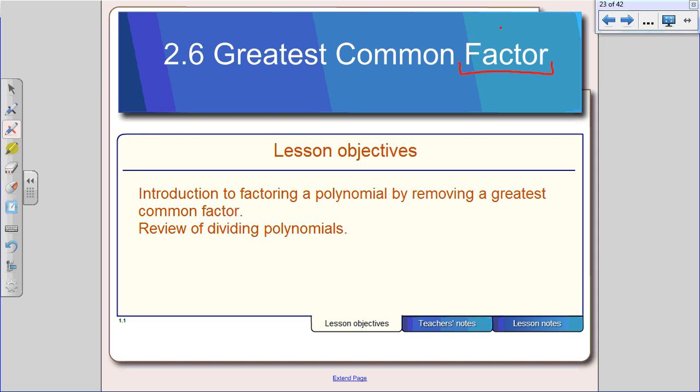So we call it factoring, unmultiplying. That means you should always be finishing with a multiplication question after you're done factoring. If that makes sense, you're unmultiplying something. So you're taking it and you're turning it into a multiplication question.